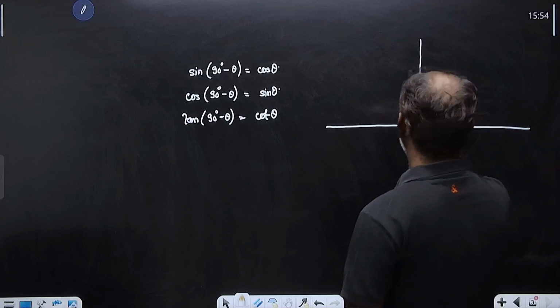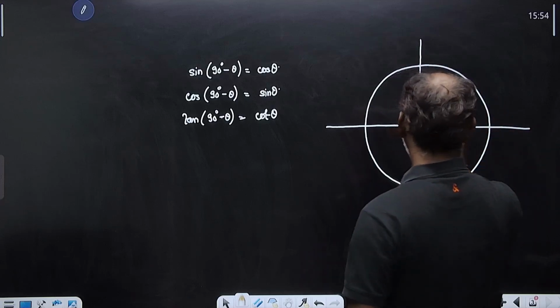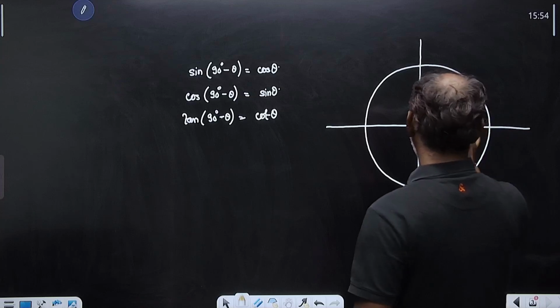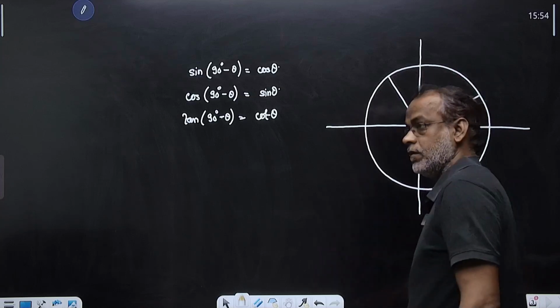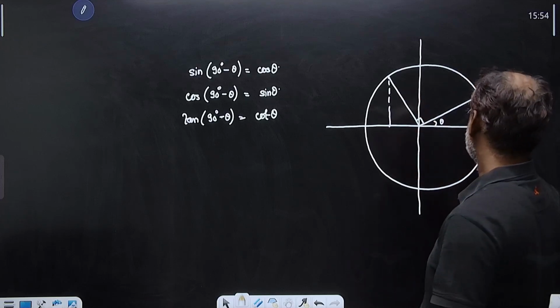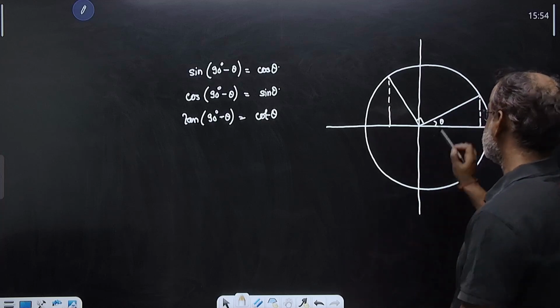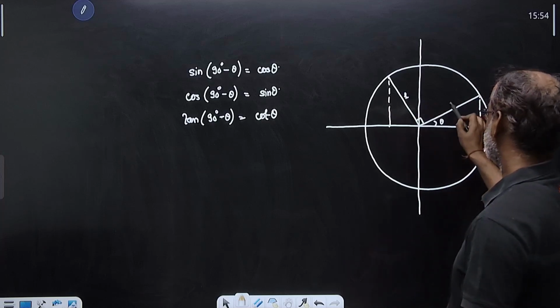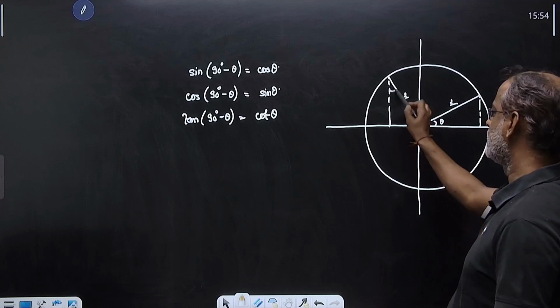Now, if we talk of, say, sin of 90 plus theta and stuff like that, how do we get to know it? See, suppose this is theta, add 90 to it. Now you can very easily see this is 1, this is 1, this is 90, this is 90 minus theta.